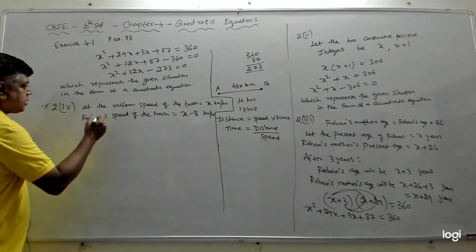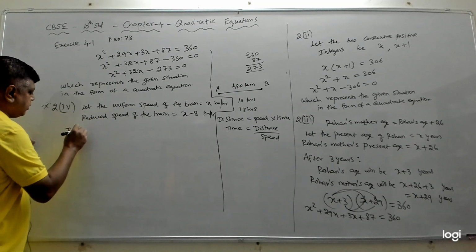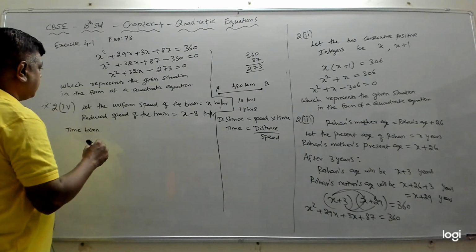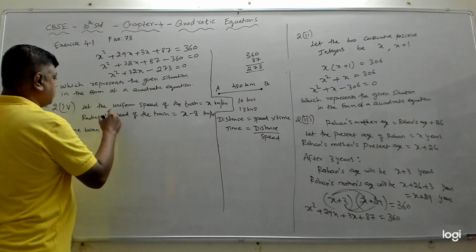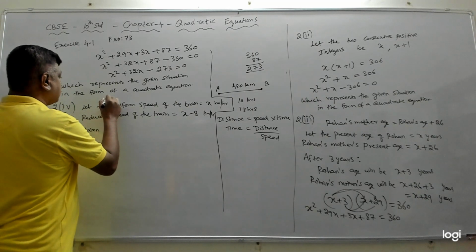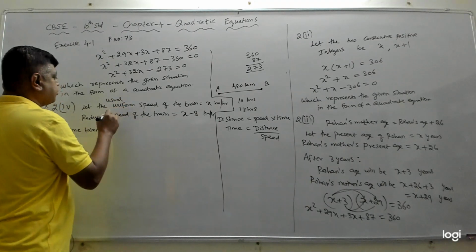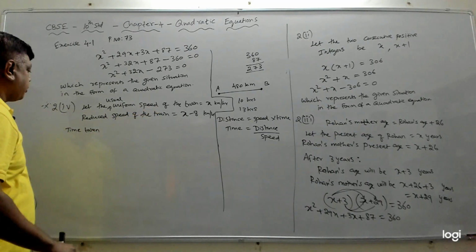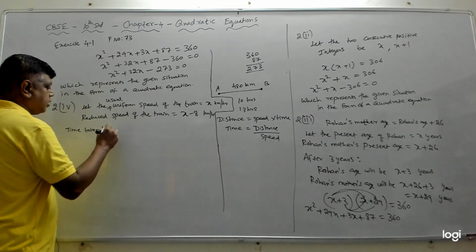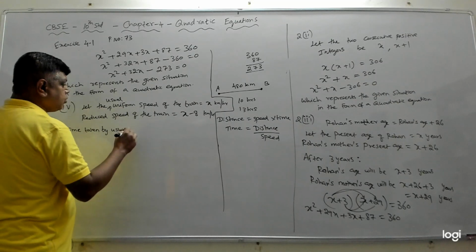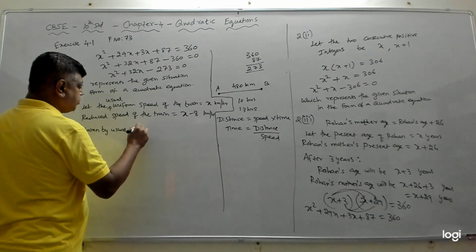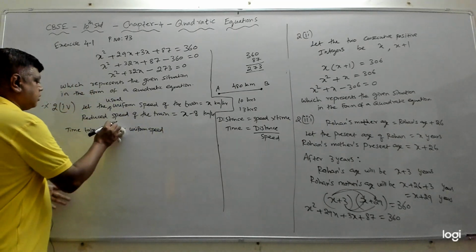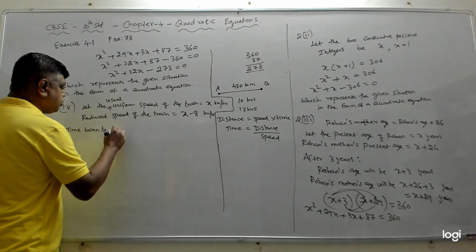Now, what is given is the time taken. Let the usual uniform speed be this, so the reduced speed is this. Now, the time taken by the usual uniform speed, and the time taken by the reduced speed.